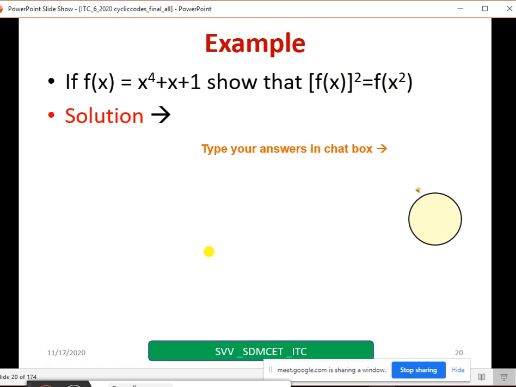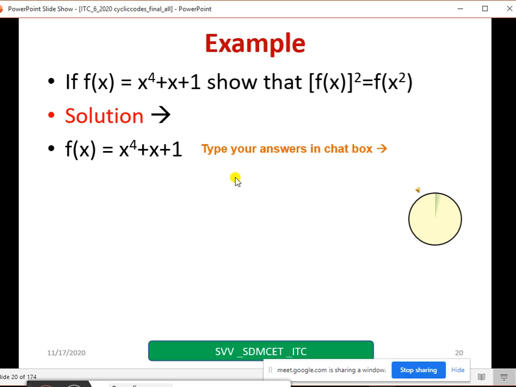I want you people to continue and type your answers in the chat box. Thank you all students, including Jay Surya, Devraj, Vidya, Suhasini, Mishri Koti for your answers. And let me show you the first step what to do.